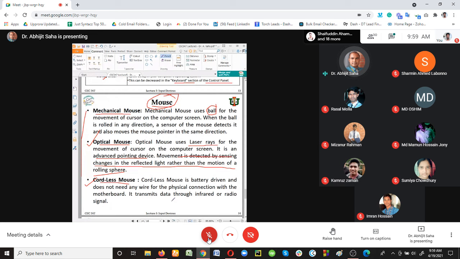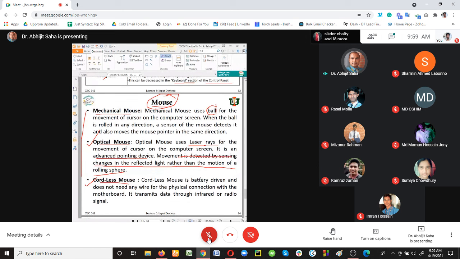And how about the cordless mouse? The cordless mouse has no cable with it. Cordless means it is wirelessly connected to your system unit. This type of mouse comes with a battery.